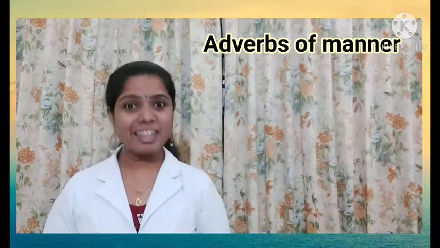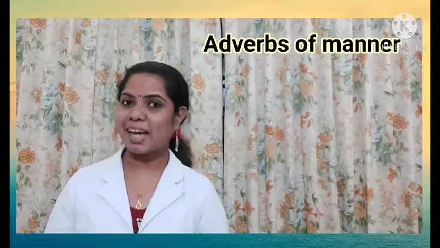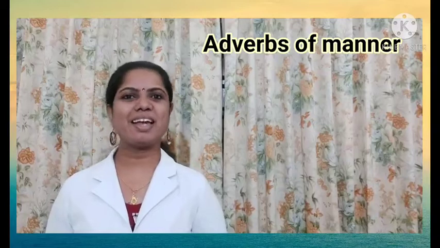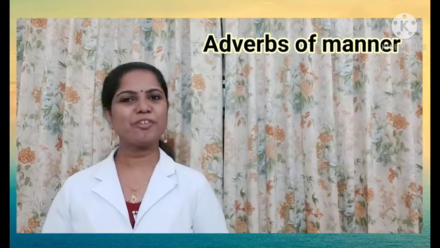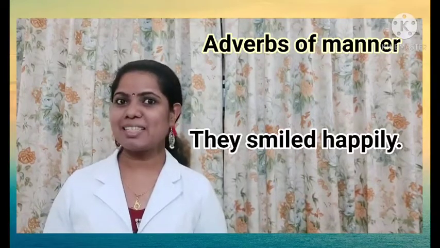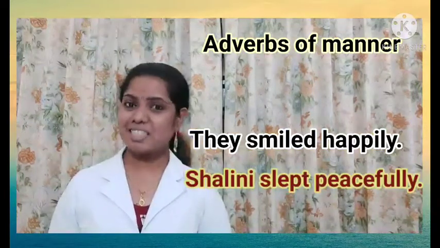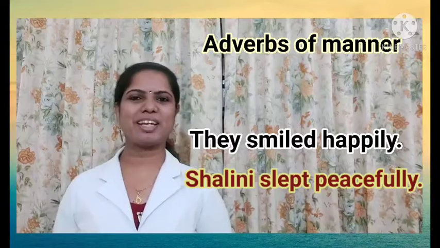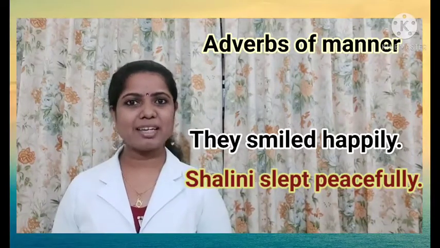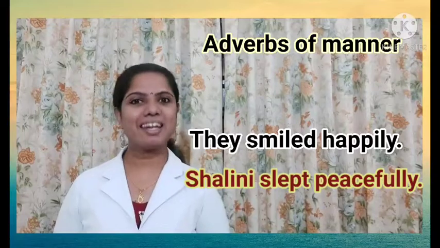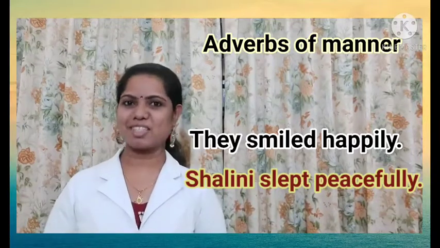Adverbs of manner tell us how actions take place. It tells us how the action is performed, the way the action is performed. For example, they smiled happily. Shiny slept peacefully. In these 2 sentences, it tells us the way the action is performed.